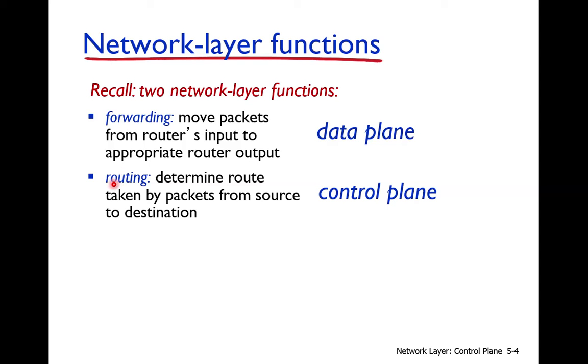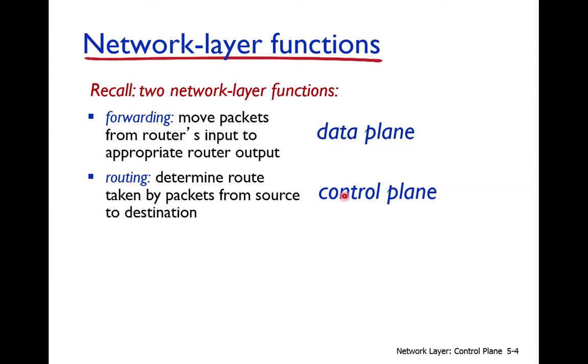This is called routing. That is, the network layer at the source node has to determine the route taken by packets from source to destination. And computing, because we know that in a network we may have more than one path, so we have to compute the best path. This is called a routing algorithm, and this functionality is called the control plane.